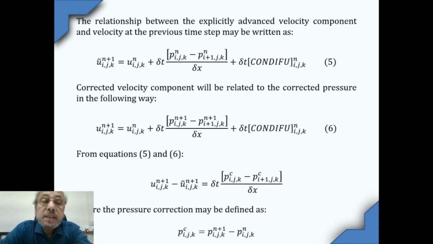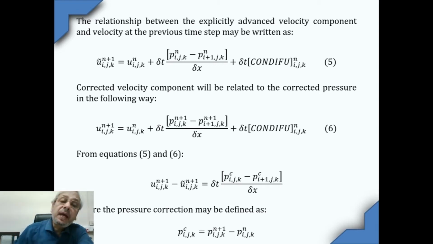One is that these velocity quantities we are calling provisional, because they have not satisfied the continuity equation. Number two has a reason also. Both observations are complementary to each other.